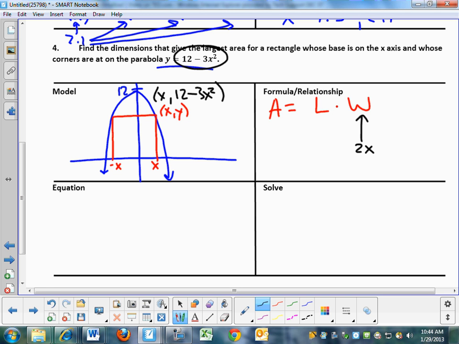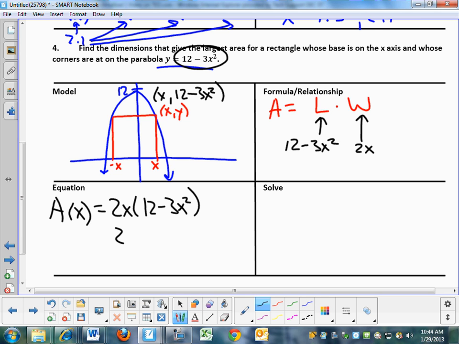If you wanted to know the height, you would just plug it in there anyway. This gives us our height, which in this way is interpreted as our length. So we do 12 minus 3x squared. Now I can write an expression for area in terms of x. I'll take 2x and multiply it by 12 minus 3x squared, and I get 24x minus 6x to the third.